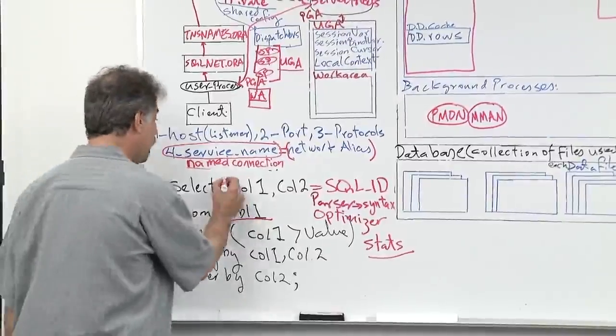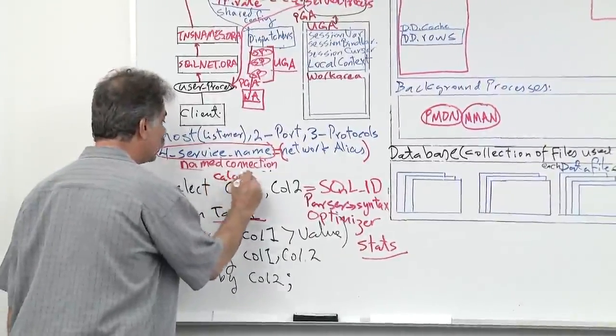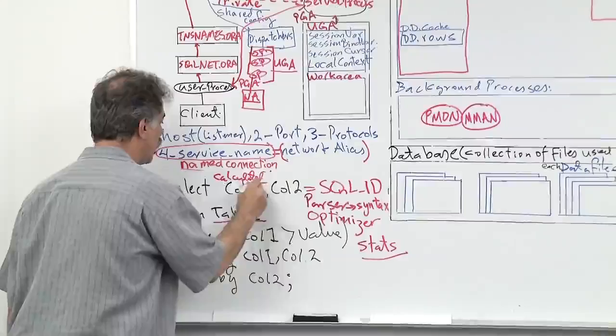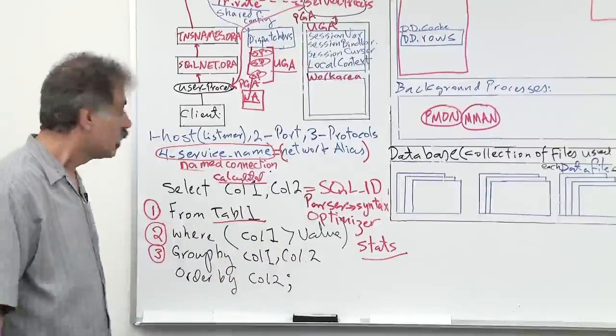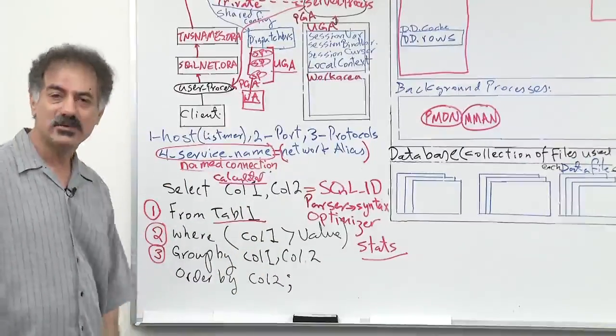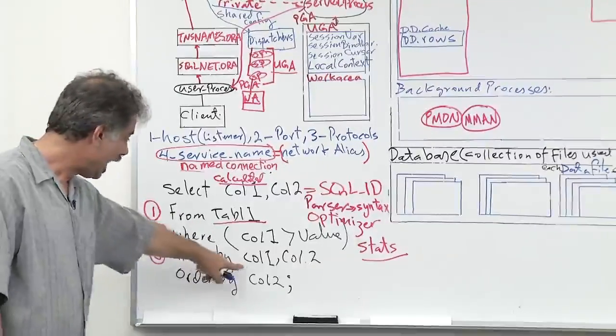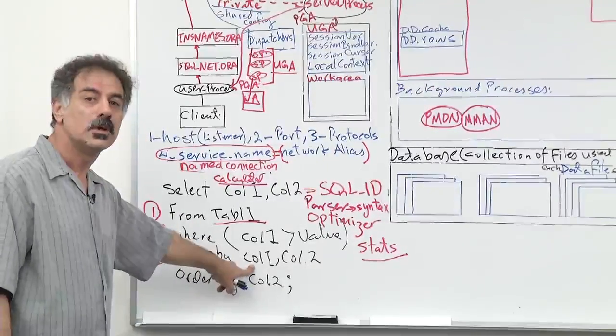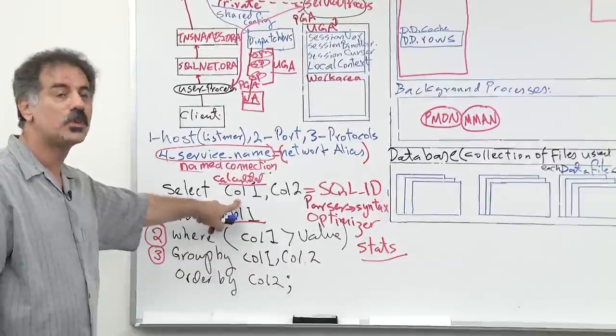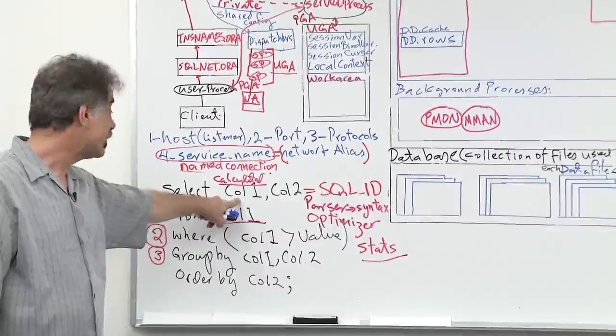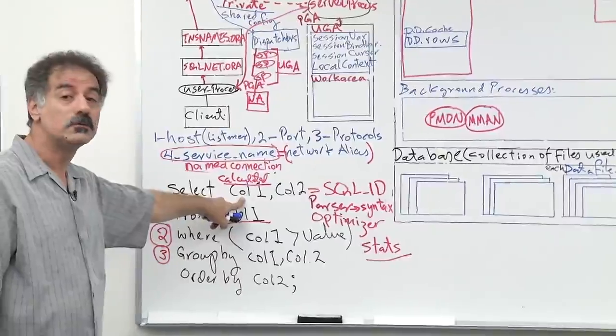This could be a calculated value. Okay? This could be a concatenated value. Therefore, if I'm going to group data based on this, I might as well need to be able to do what? Calculate and see what that value is.